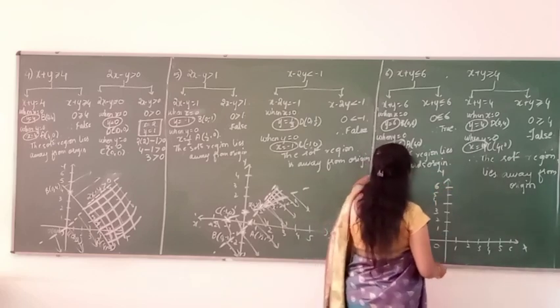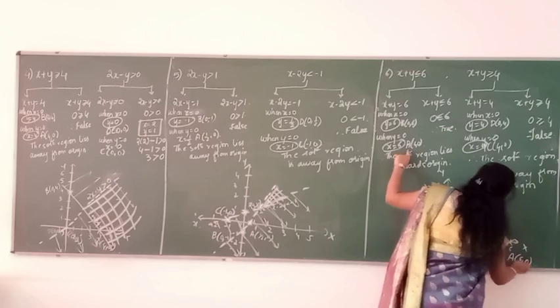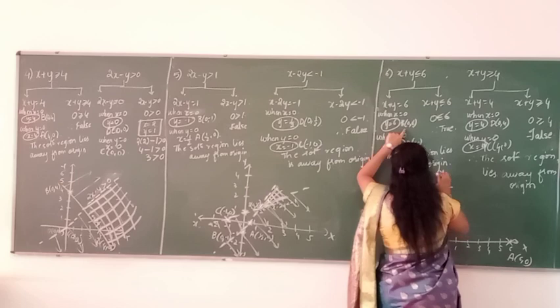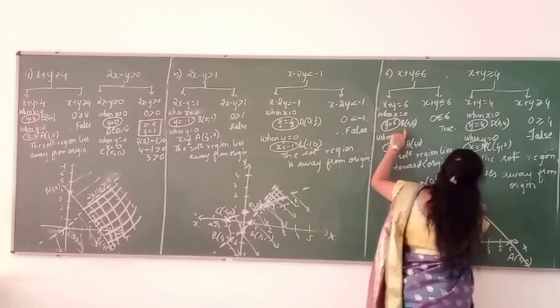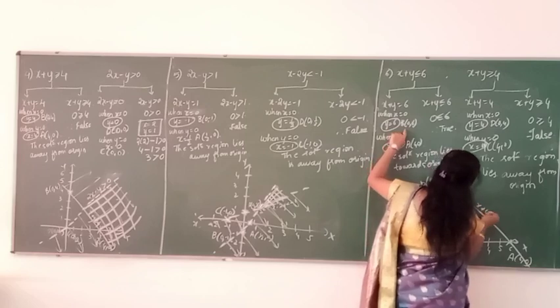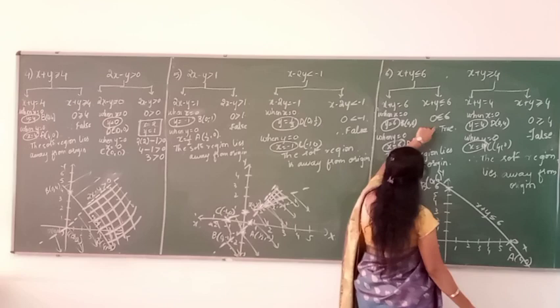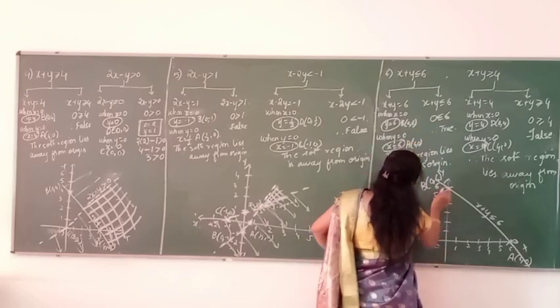So just consider the a coordinate point 6, 0 and next b coordinate point 0, 6. As it is less than or equal to, it will be a bold line, which is nothing but x plus y is less than or equal to 6. So it satisfies, means the inequality is true, therefore it lies towards the origin.